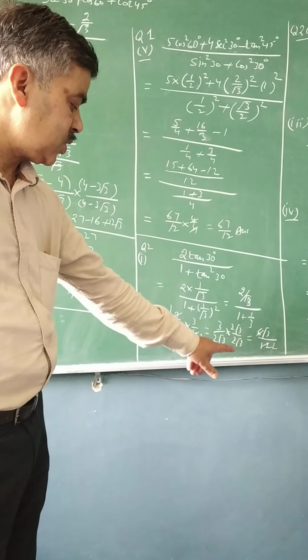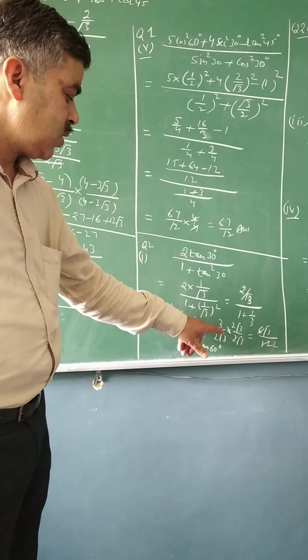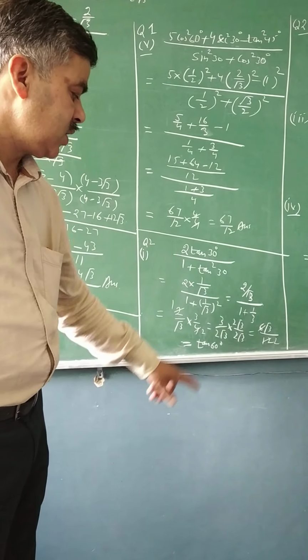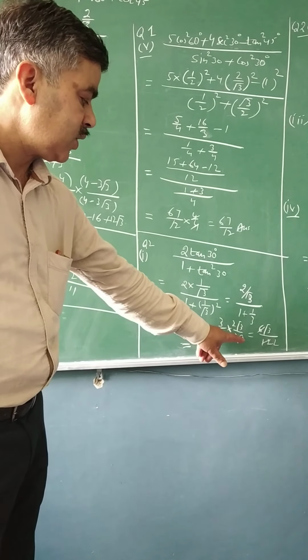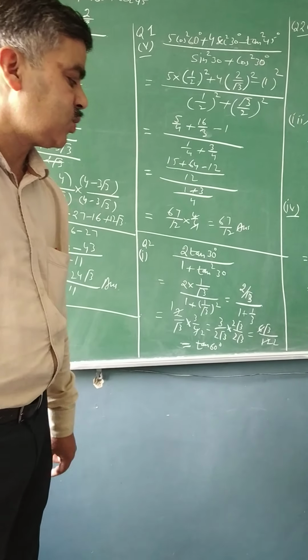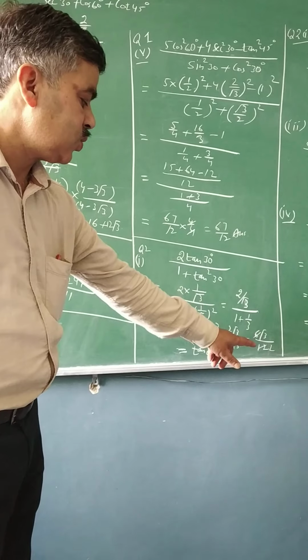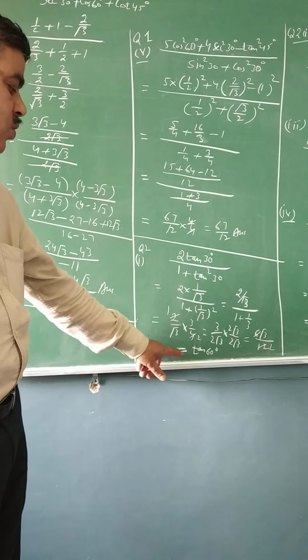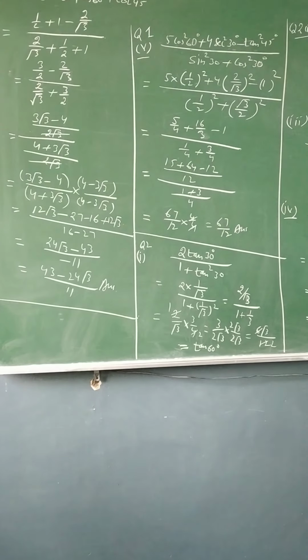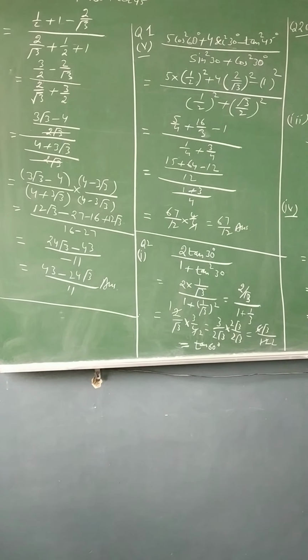So go for rationalization. So what happens? 3 into 2 root 3 will make it 6 root 3. 2 2s are 4, under root 3 into under root 3, 3, 4 3s are 12. So it becomes 12 there. So finally it is coming root 3 upon 2. Your 4 options there are sin 60, cos 60, tangent 60 and sin 30.